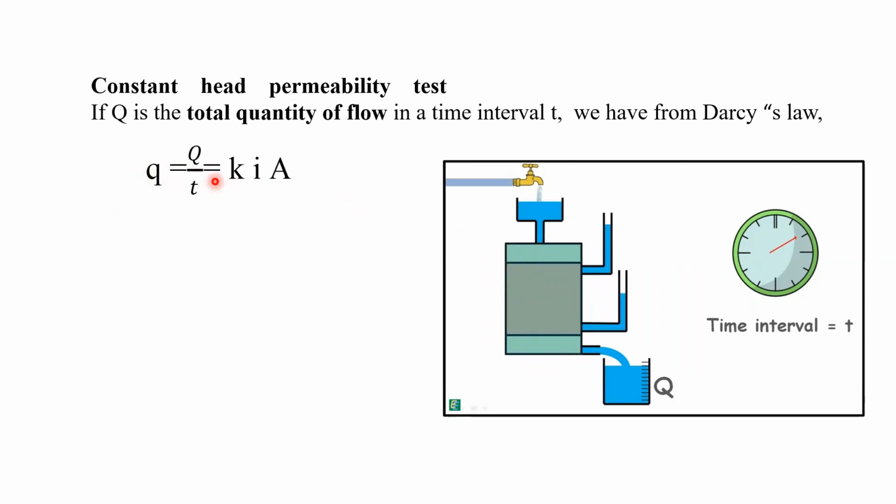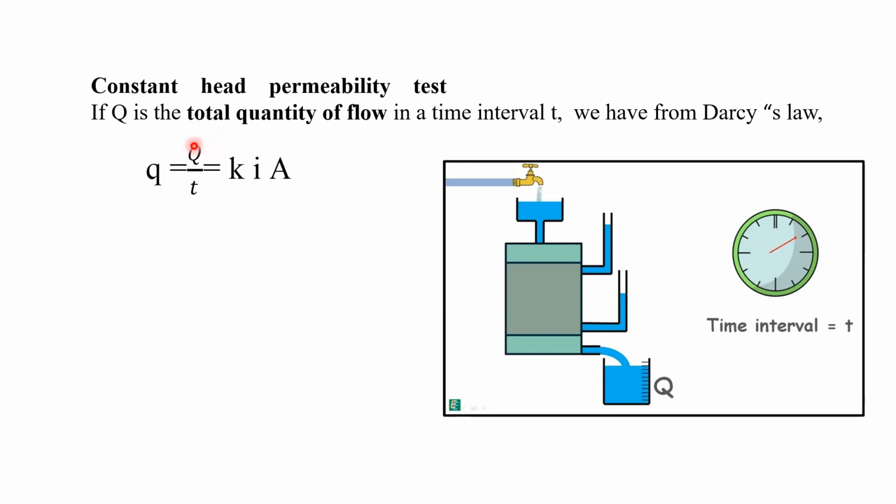So q is equal to Q by t. That means how much water is permeating and stored in this beaker in a particular time. Total amount of water divided by time is nothing but discharge, cubic meter per second.